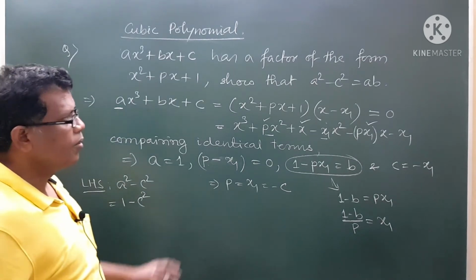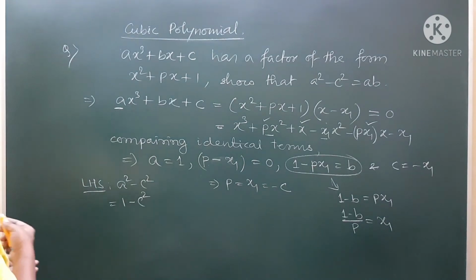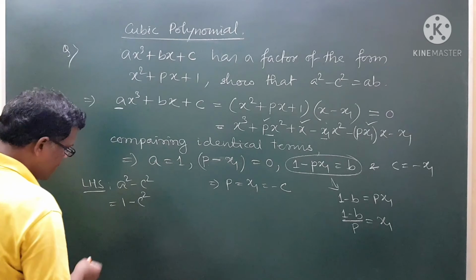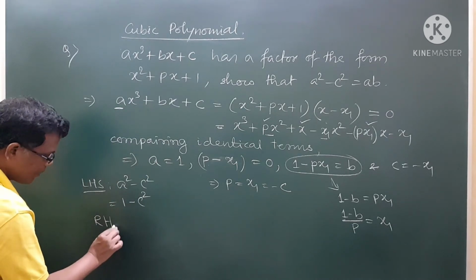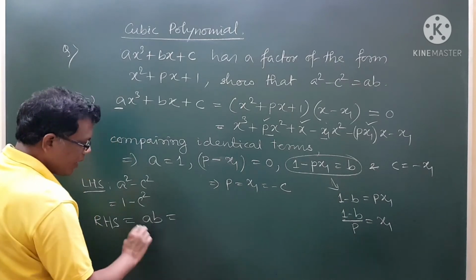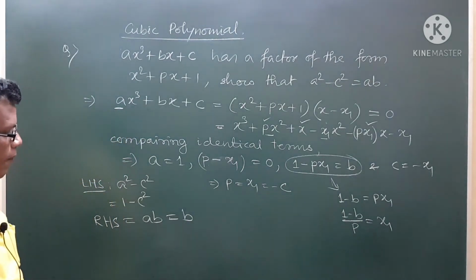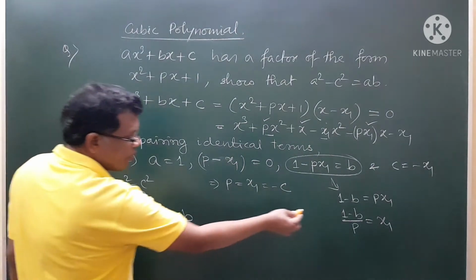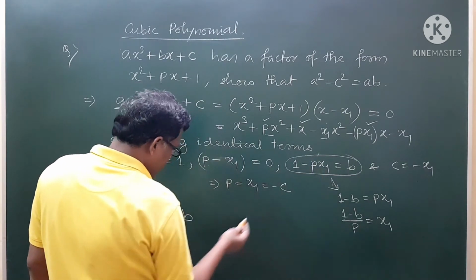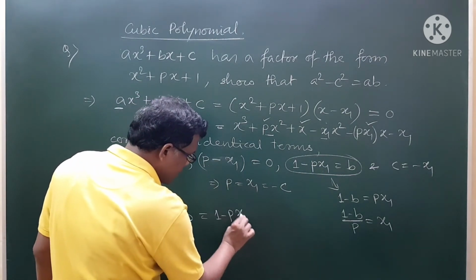As we have to make it as good as ab, so keeping this LHS as it is, and then simplifying the RHS, which is a into b. So a into b means it is b only because the value of a is 1, and from this part, b can further be written as 1 minus px1, right?